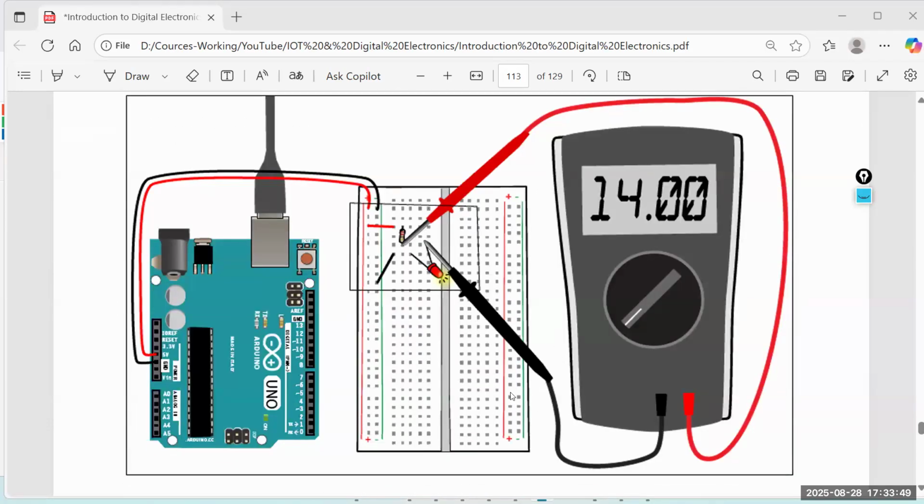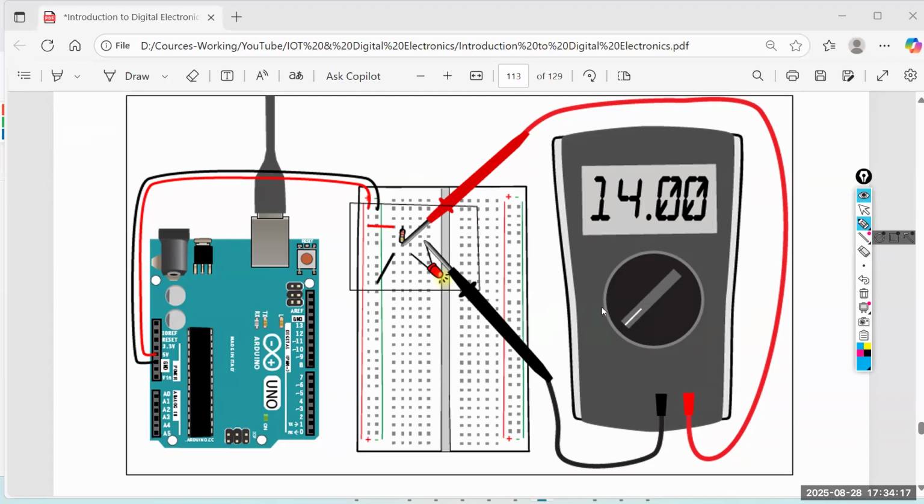So I will explain how to measure current. If you have a multimeter, you can measure voltage difference, current, and also resistance. Otherwise, you need separate devices like a voltmeter, ammeter, and so on. These days, we have one device called a multimeter.